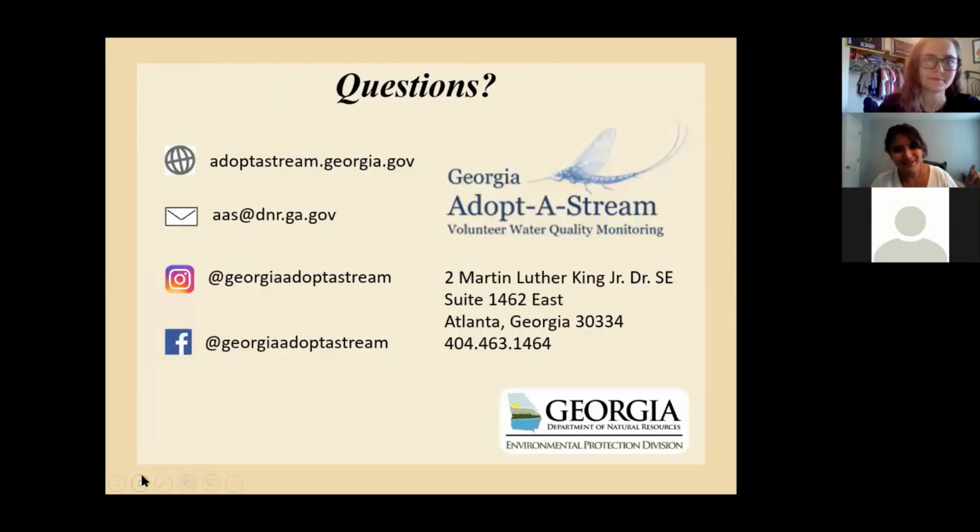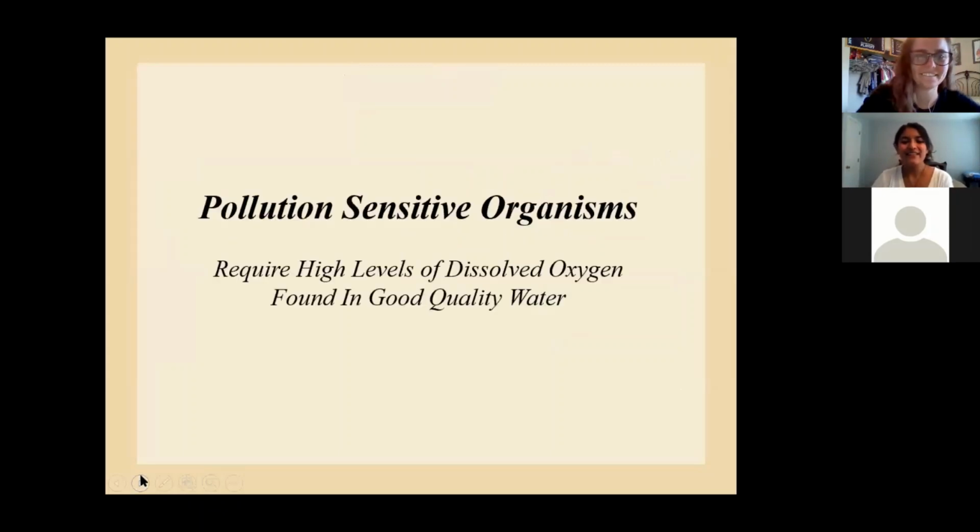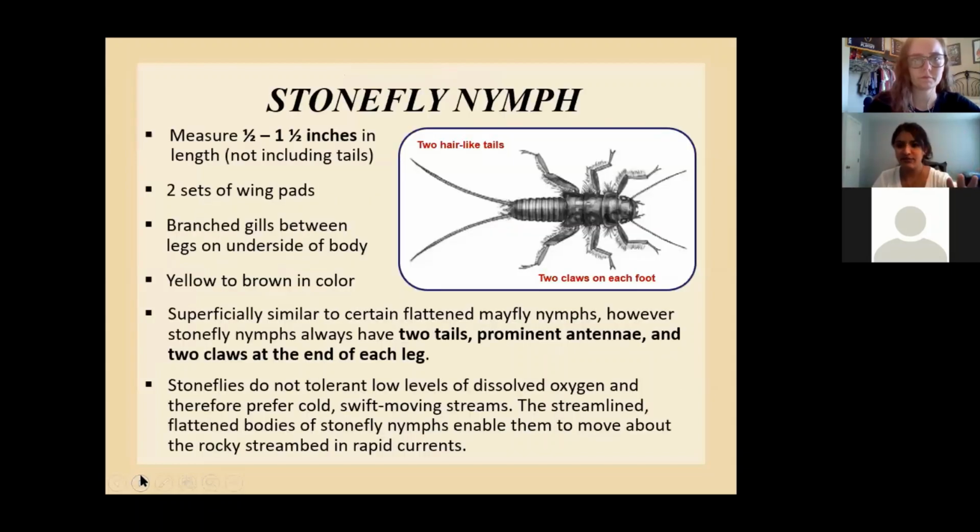Before I do this slide real quick, I just want to mention that these PowerPoints are available online, and at the end we also have, I don't even know how many slides it is, of macro identification. This is where we divide them up again into those sensitivity groups and provide the field guide picture blown up for you with those characteristics.